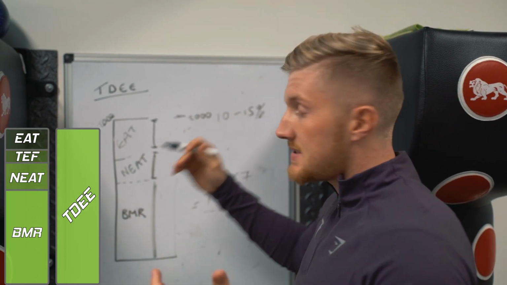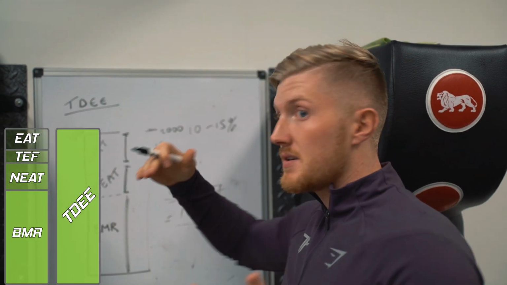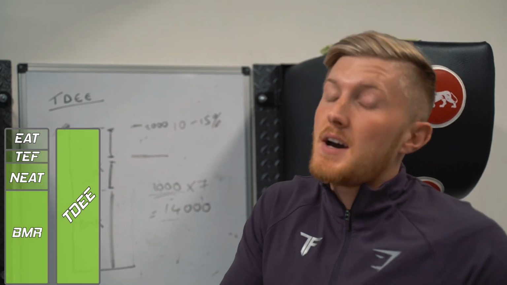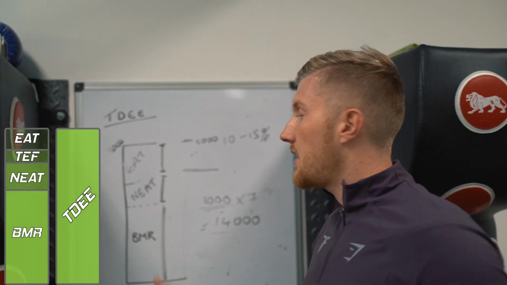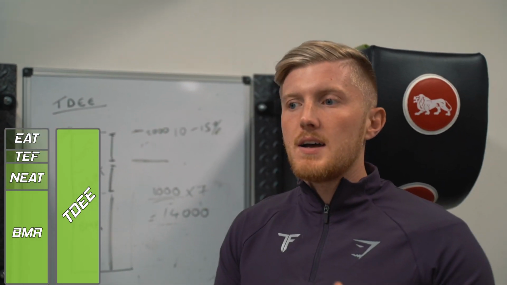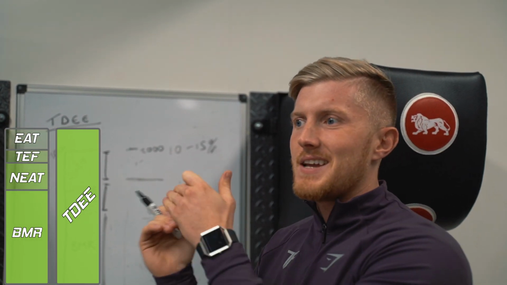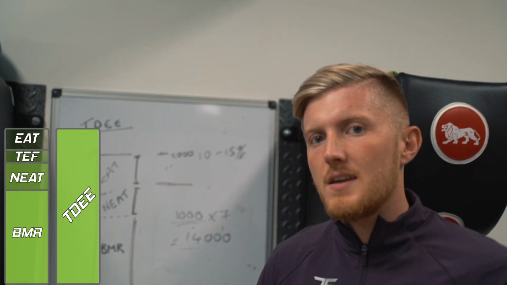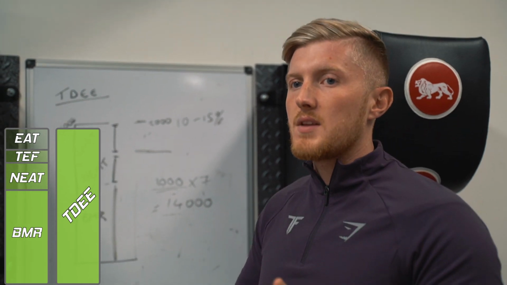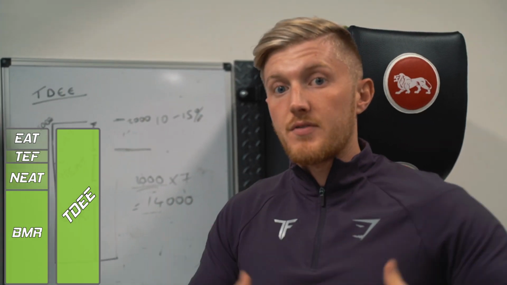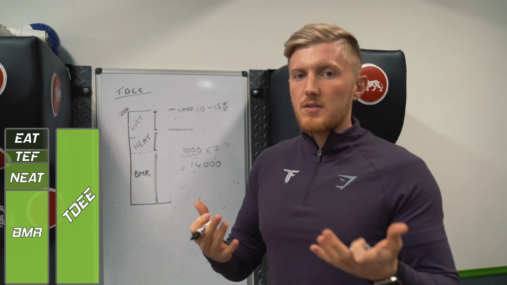If you are below that by 10 to 15%, you're going to primarily reduce your weight through fat. Anything really below that, you might lose more weight, but you will potentially start to eat into your muscle mass. That's why crash diets work for weight loss, but not necessarily fat loss in the long term.